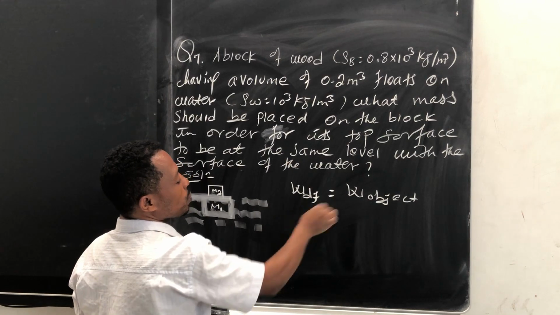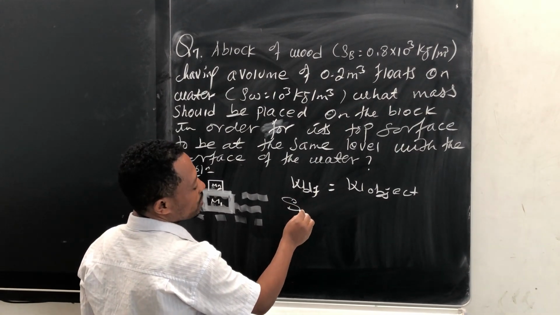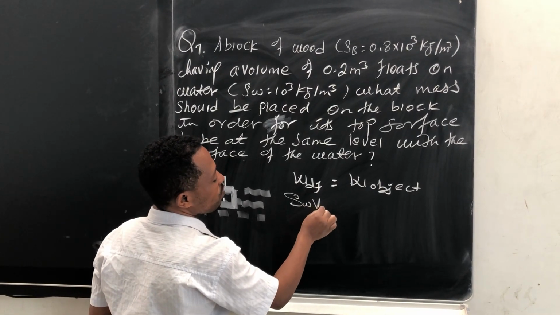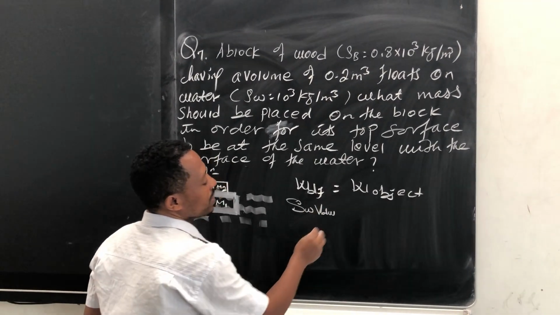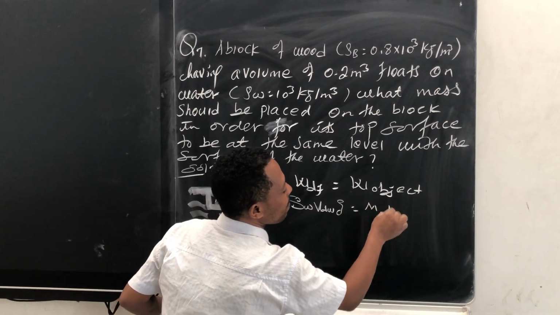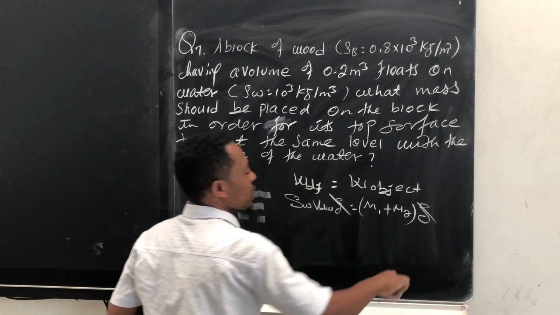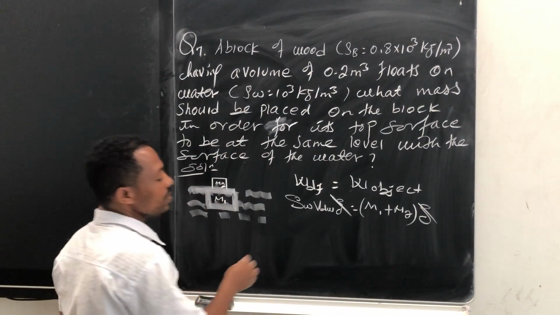The weight of the displaced fluid means the density of the fluid, water, times the volume of the displaced water times g, is equal to mass 1 plus mass 2 times g. And g cancels from both sides.